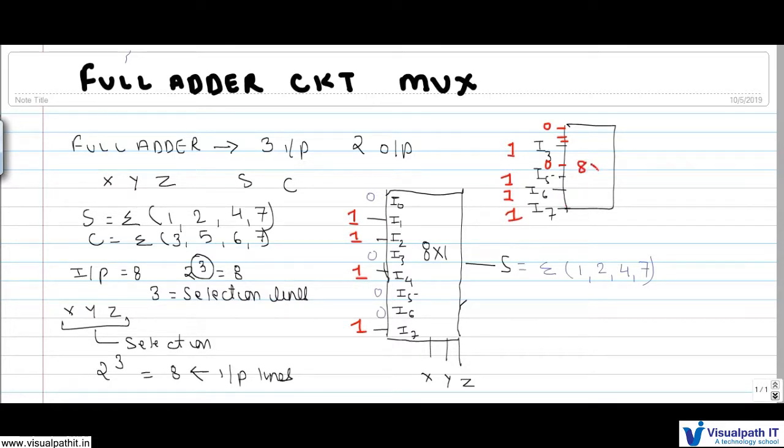This is also an 8 cross 1 multiplexer, and this will have 3 inputs X, Y, Z, and it will produce carry, that is 3, 5, 6, 7. So that's how I can implement a full adder by using multiplexer circuits.